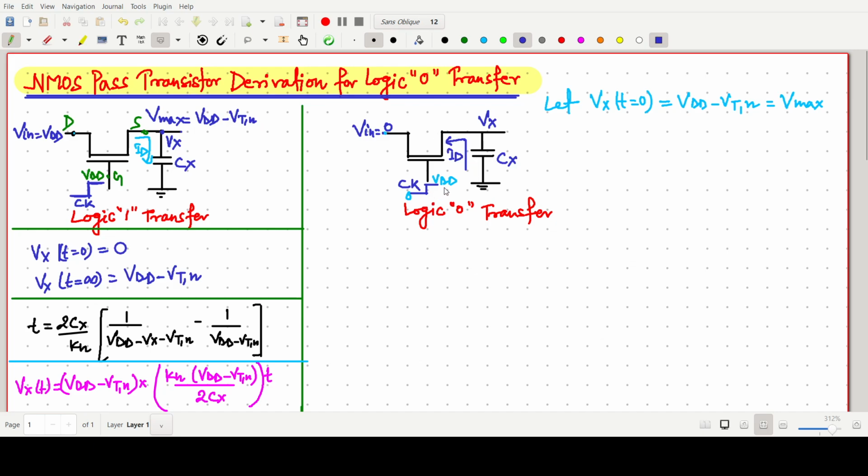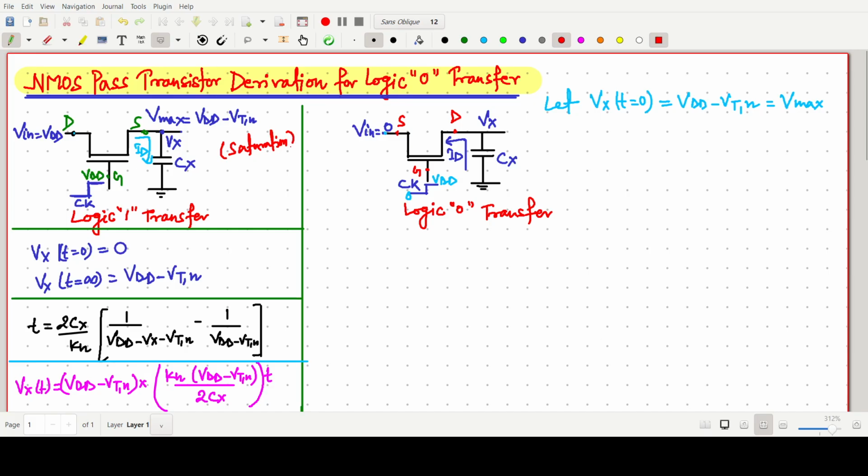During that time, we can observe that this end becomes our drain, because current is flowing from this side, this is obviously the gate terminal, and this is our source terminal. So initially the transistor is in the saturation region.